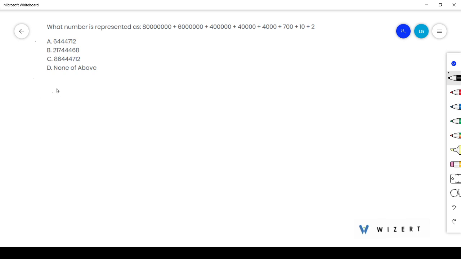Okay. Now to represent the given number, firstly, here we have given 80 million. Okay. 1, 2, 3, 4, 5, 6. Plus here 6 million. 1, 2, 3, 4, 5, 6. Plus 400,000.